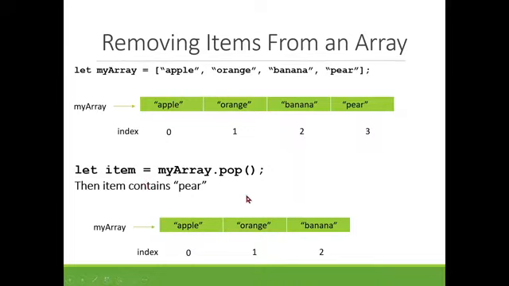So we're popping it off and assigning it to item here. You don't have to assign it to anything if you're just throwing it away, but you can. So we're going to use push to add items to the end of the array, pop to remove them from the end of the array. These functions only work on the end. You can't push something into the middle, you can't pop something from the middle.